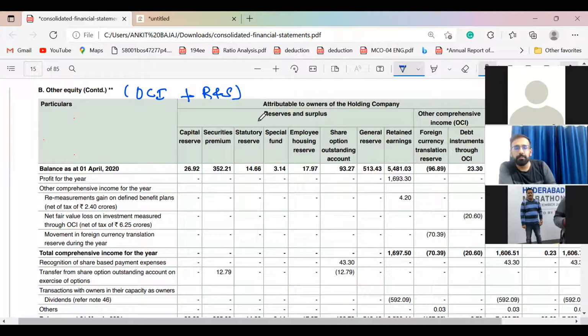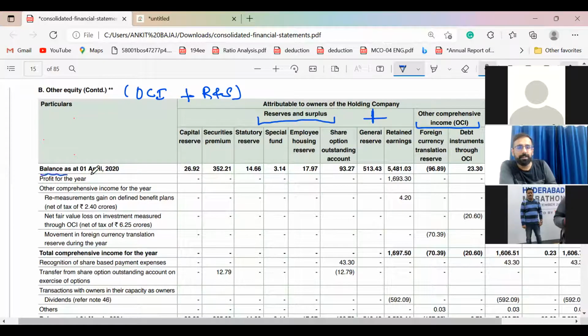Now, if you see here, so reserve and surplus balance is given, right? And after that, what they are doing, they are showing you balance of other comprehensive income, right? So total of reserve and surplus and other comprehensive income is going to be your other equity balance, and this balance will be transferred in balance sheet, right? So if you see here, opening balance is given, right?